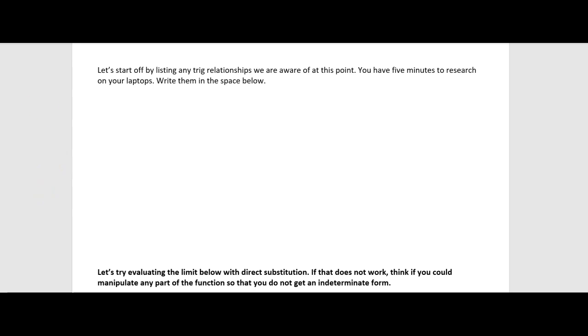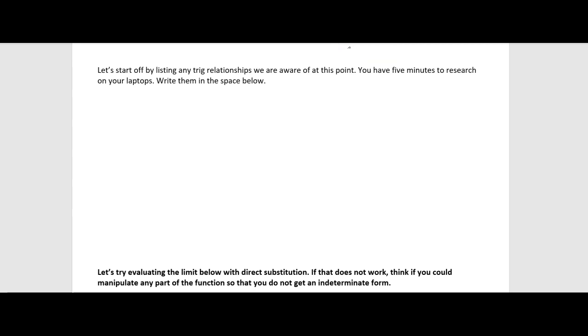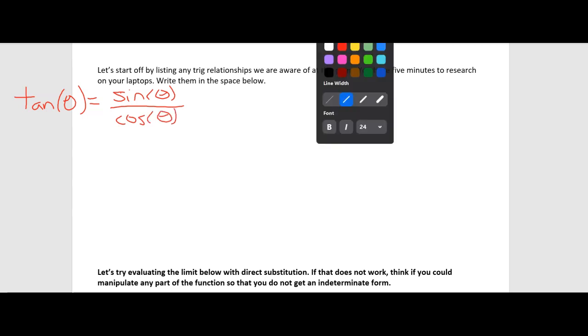Okay, so hopefully you've had some time to do that. Again, I'm only going to focus on the ones that we're going to need to use moving forward. The first one is tangent. Tangent of theta, we should be able to rewrite in terms of sine and cosine. Hopefully we are aware that tangent of theta is equal to sine of theta divided by cosine of theta.